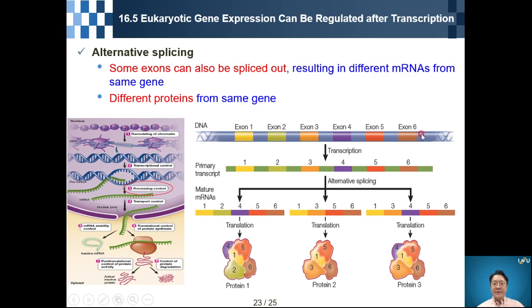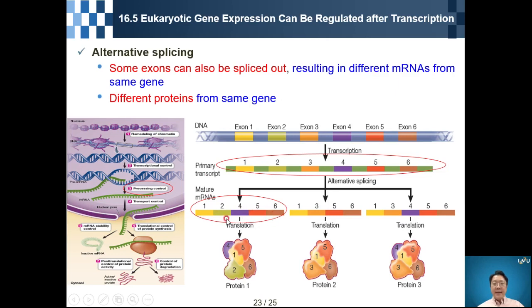After transcription, it makes the primary transcript composed of exon 1, intron, exon 2, intron, exon 3. After that, alternative splicing happens. In one case, they make the major mRNA, composed of exon 1, exon 2, exon 4, exon 5, exon 6.